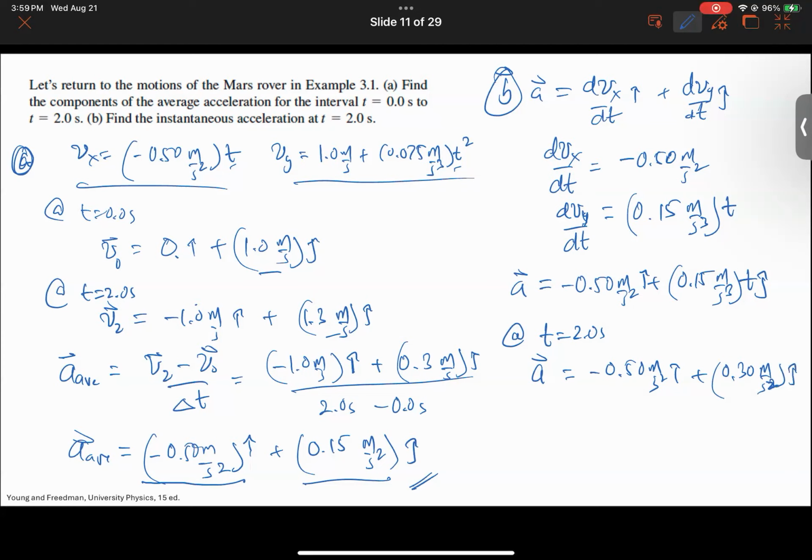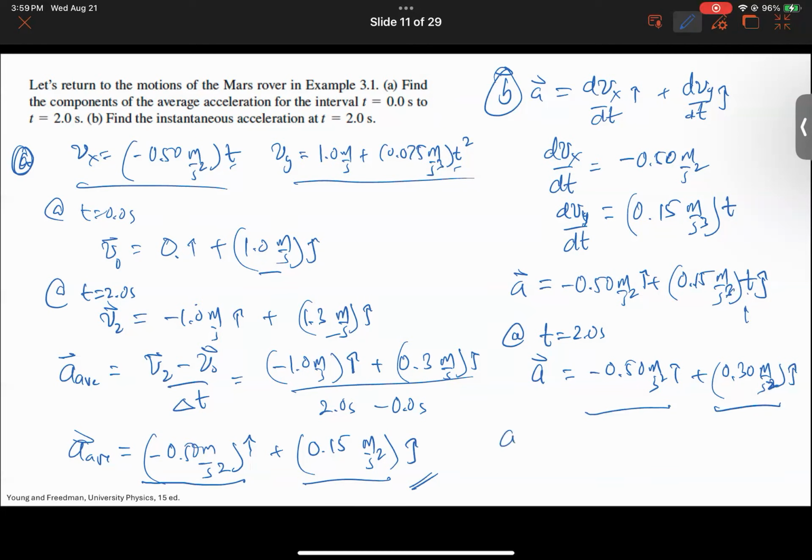Okay, kasi multiply ko na yung 2 by 0.15. And then remember na itong t na ito has a unit of seconds, so kakancel siya with the second cubed dun sa denominator. Okay, so yung components ng instantaneous acceleration vector ay negative 0.5 meters per second squared, and along the y-axis, it's 0.3 meters per second squared.